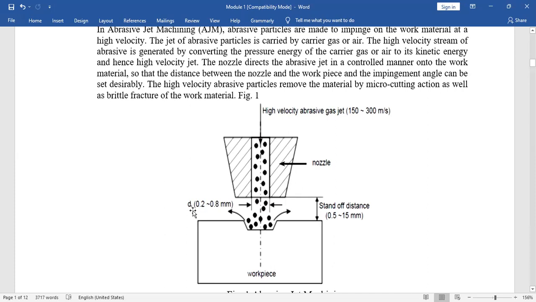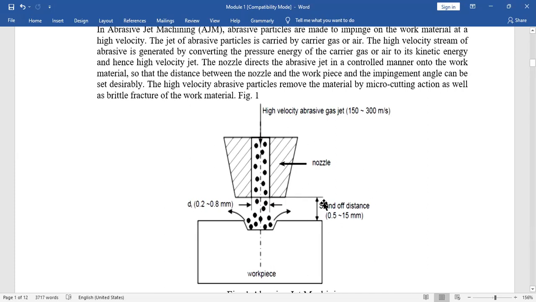The inside diameter of the nozzle, written here as di, i for internal, is 0.2 to 0.8 millimeter. And this is known as the standoff distance, short form SOD. Standoff distance means the distance between the nozzle and the workpiece, and it generally lies between 0.5 to 15 millimeter.